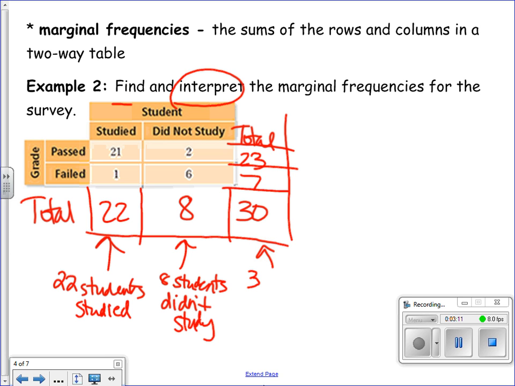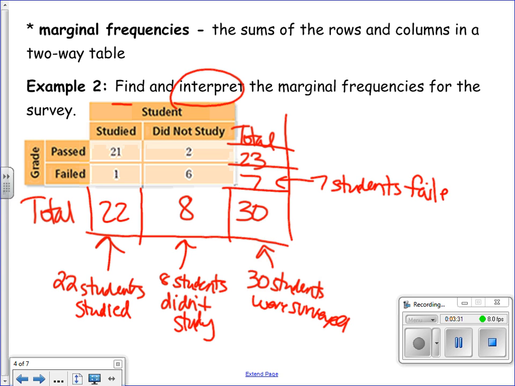So 30 students were surveyed. This marginal frequency tells us that 7 students failed. And here it tells us that 23 students passed. So that's the interpretation of the marginal frequencies.